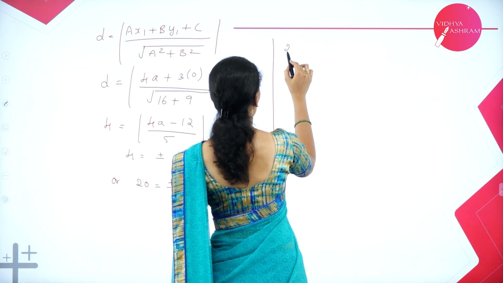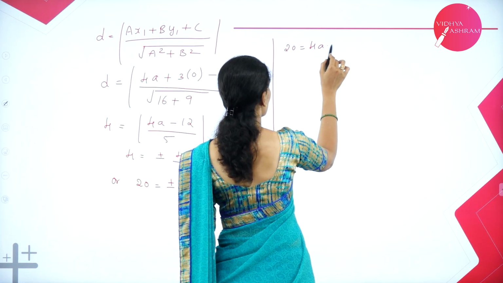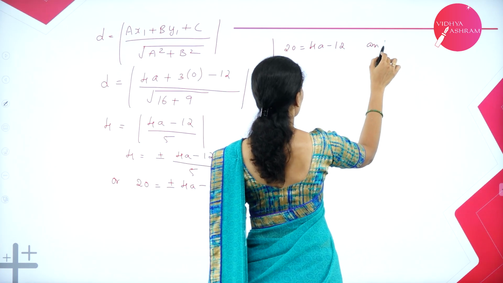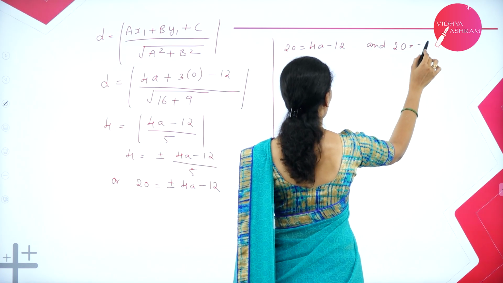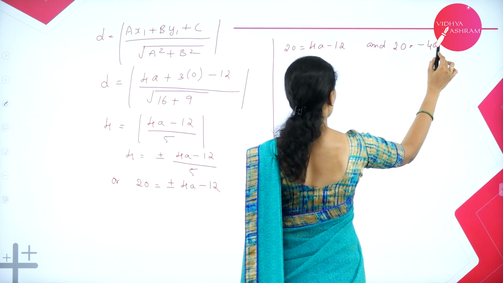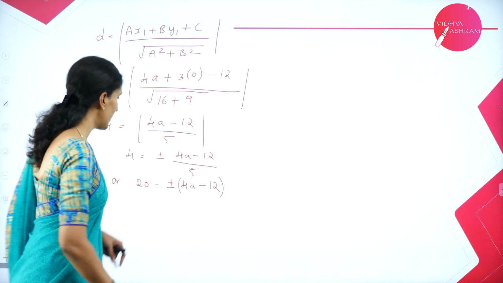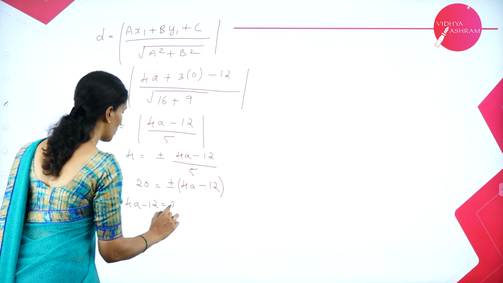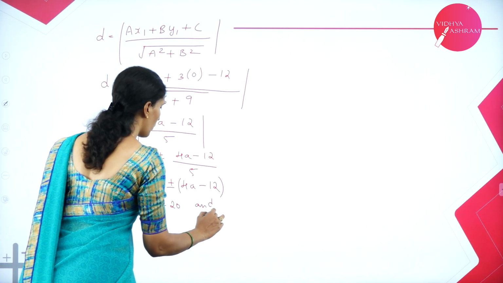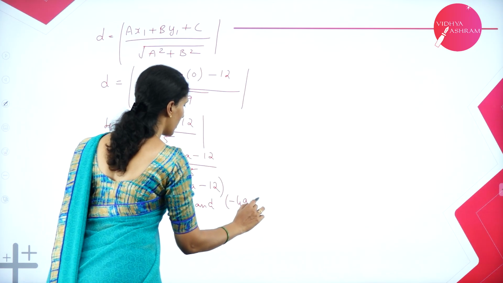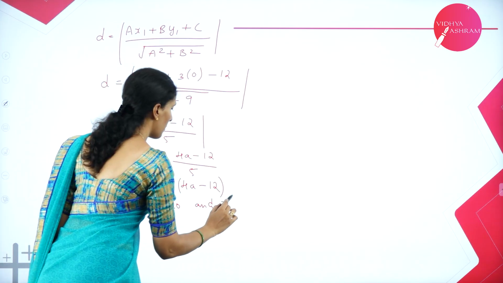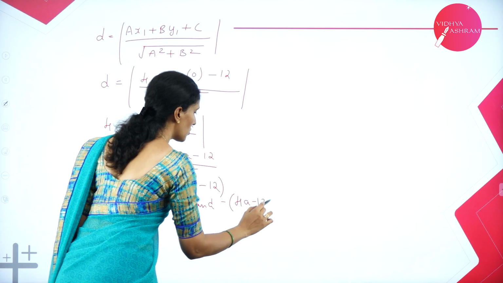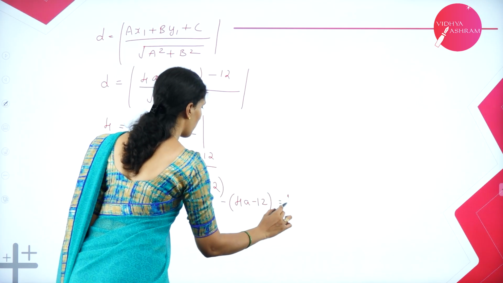One is 20 is equal to 4a minus 12 and another is 20 is equal to minus 4a plus 12. Now separate this equation. One equation is 4a minus 12 is equal to 20 and another equation is minus 4a minus 12 is equal to 4.